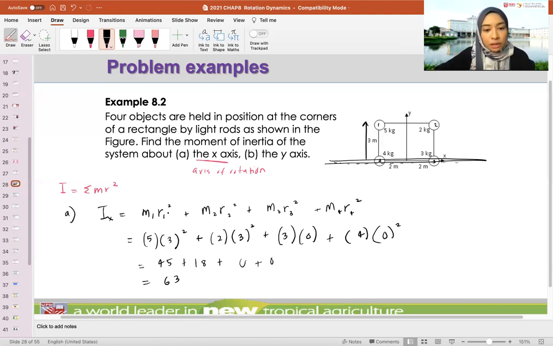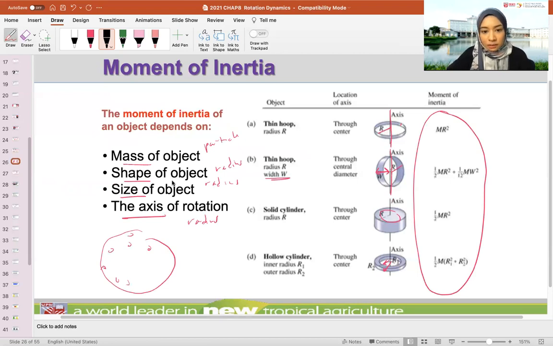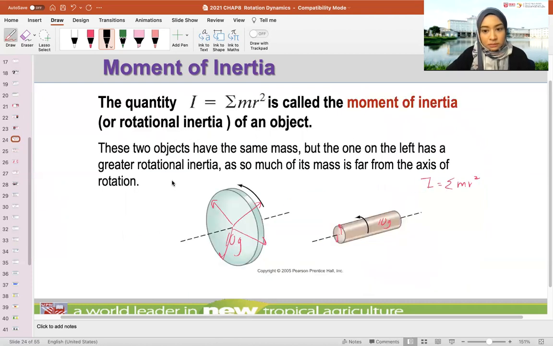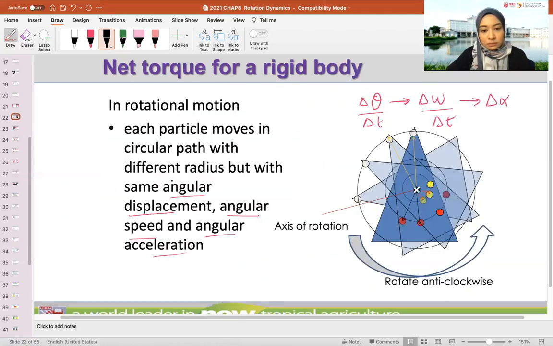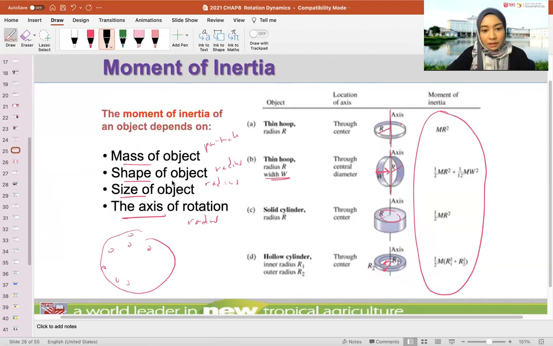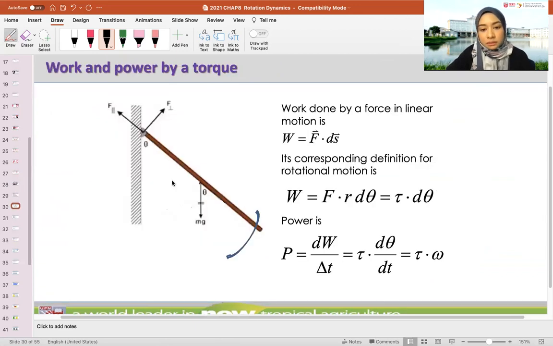So M is kilogram, R is meter. So meter squared, kilogram meter squared. Let's see the table. Does it mention the unit? Is it in your book? Do they specify what the unit is?